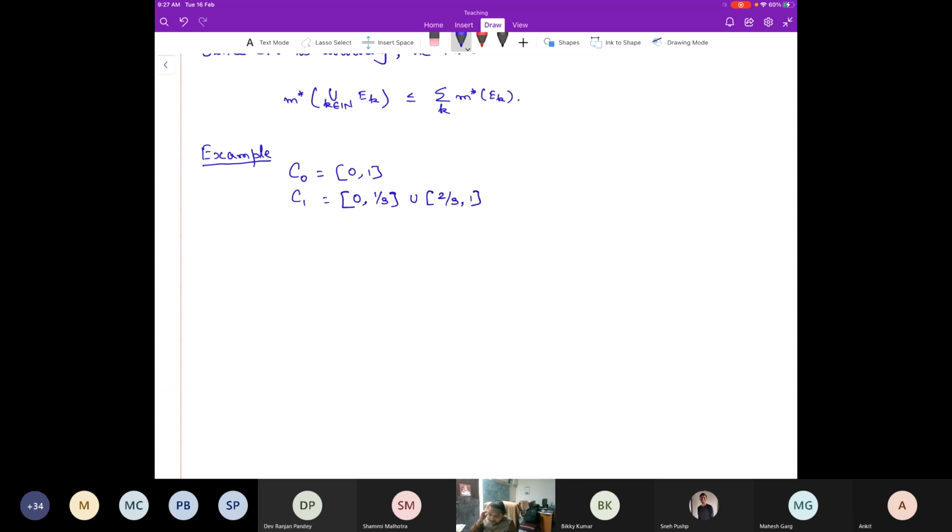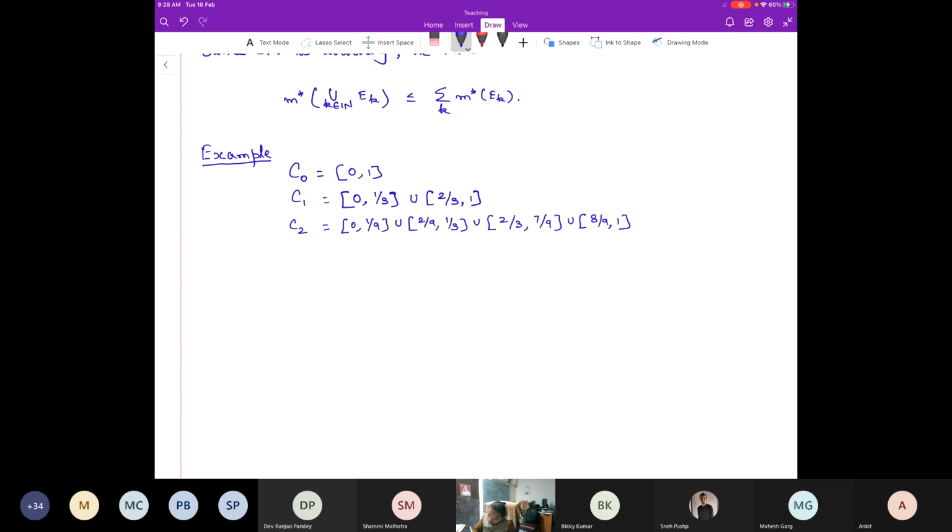And then split each one of these into 3 equal subintervals and remove the middle part: 0 to 1 by 9, union with 2 by 9 to 1 by 3, union with 2 by 3 to 7 by 9, union with 8 by 9 to 1.